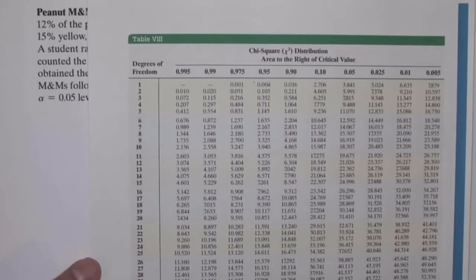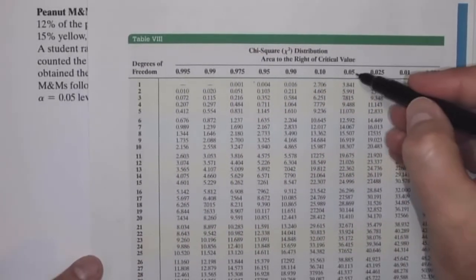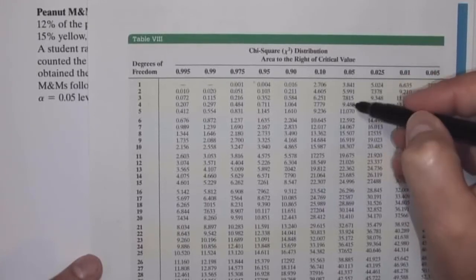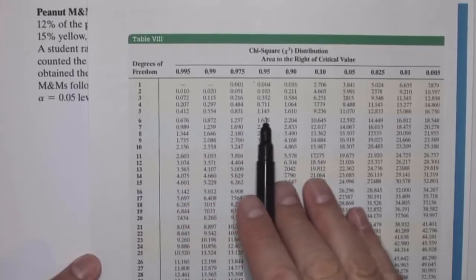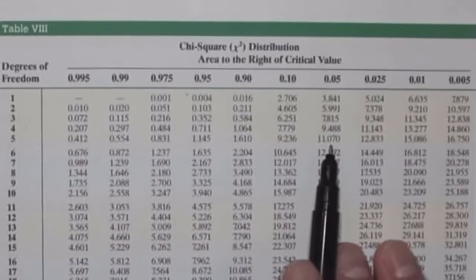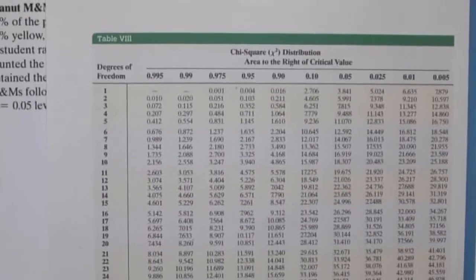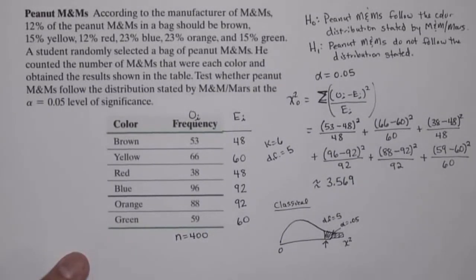So if I bring in my chi-square table, alpha is 0.05, so that's the area in the right tail. I have 5 degrees of freedom, so I'm going to use that row. And so my critical value is 11.070. That's my chi-square sub alpha. So by the classical approach, I'm going to compare 3.569 to that.